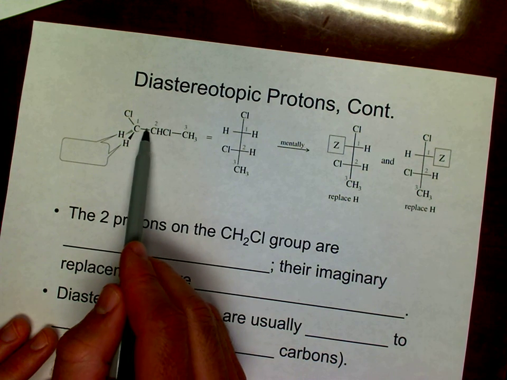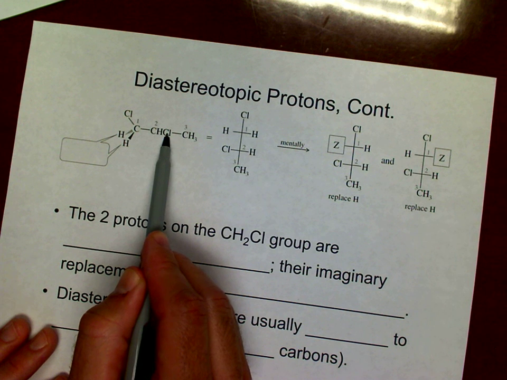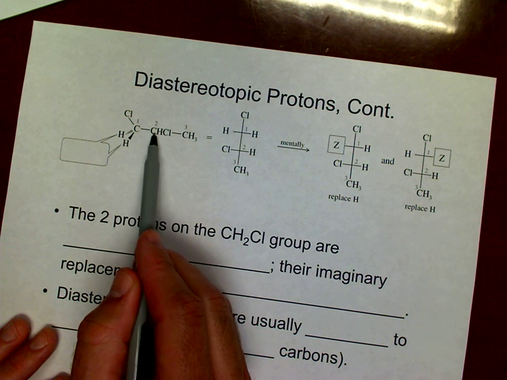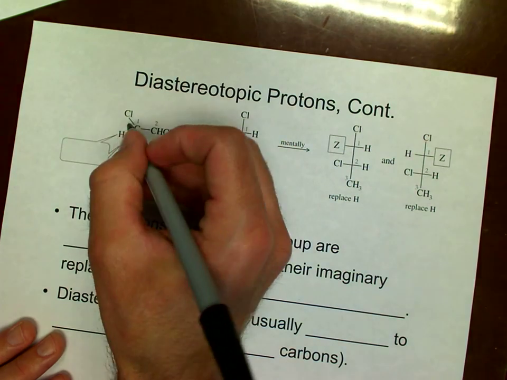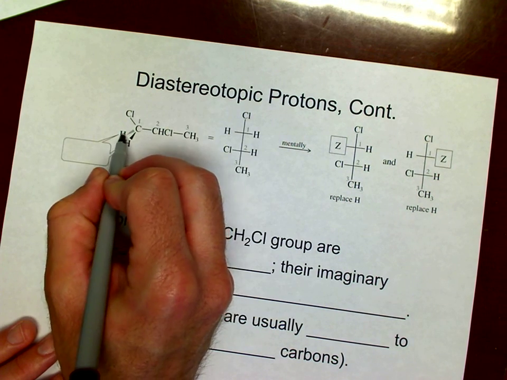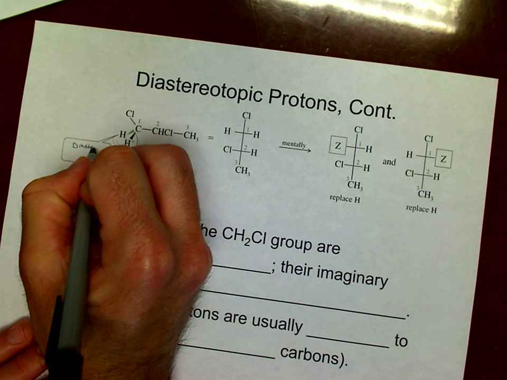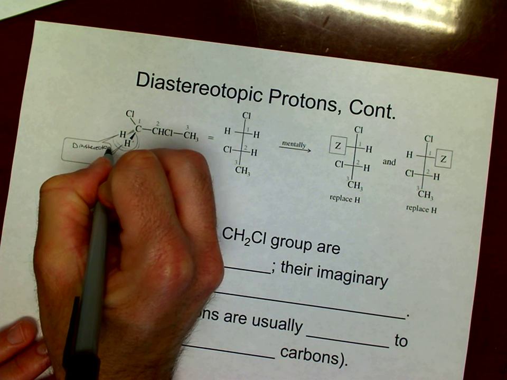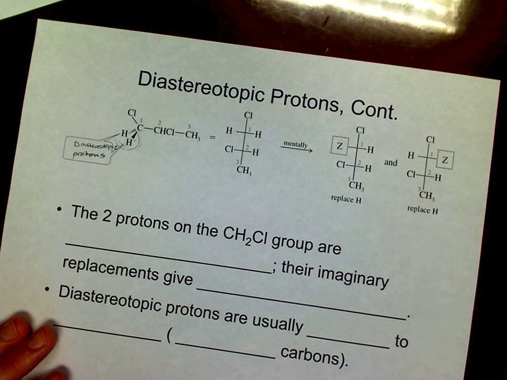It has 1, 2, 3, 4 different things bound to it, okay? And these two protons adjacent to it, these two methylenes, are diastereotopic because of it.